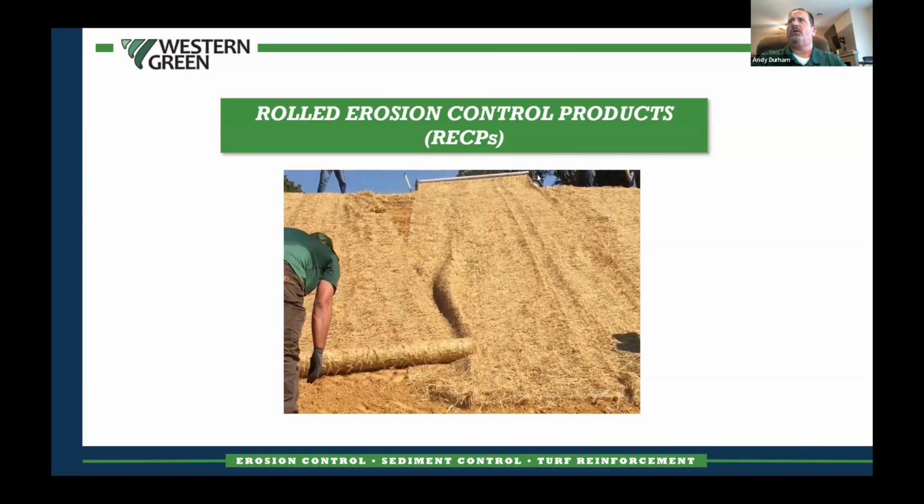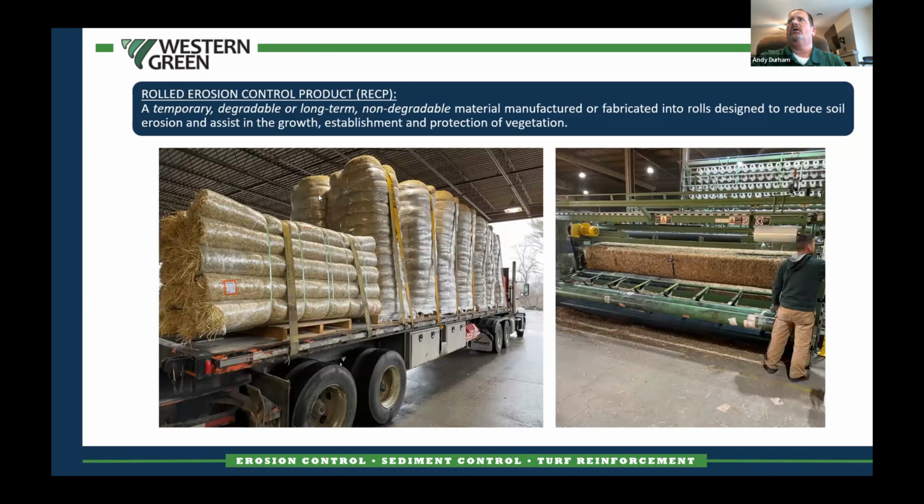And these are your straw and coconut blankets. These are good for shallower slopes. We're not addressing any kind of internal stability or global stability with these. But really with these products, what we're intending to do is to give the vegetation an opportunity to get started. We're protecting the vegetation as it's emerging, protecting it from rain splash or shallow flow or even birds.